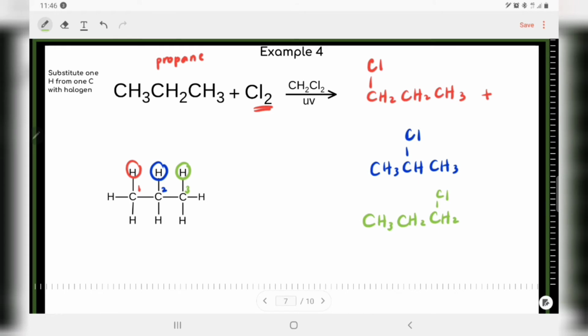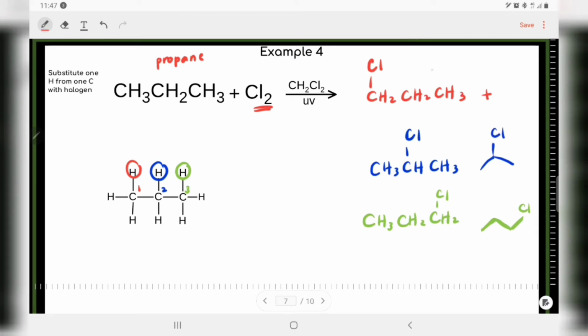So dekat sini kita kena tengok ada tak structure yang berulang. So structure orange, biru and green. Kalau nak nampak dia berulang ataupun tidak, kita akan lukis skeletal. So carbon 1, 2, 3. Dekat carbon number 3 ada Cl. For blue, we have 1, 2, 3. At carbon number 2 we have Cl.